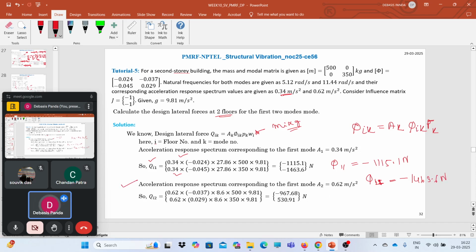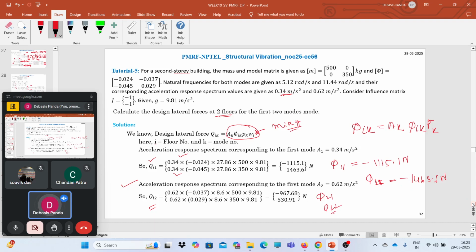Similarly, if I want to calculate the Storey shear for the second mode, what do we need to do? Again, you need to use this equation Q_i2. You will find out the corresponding values like phi 21 and phi 22. In this way, we can calculate the Storey shear.